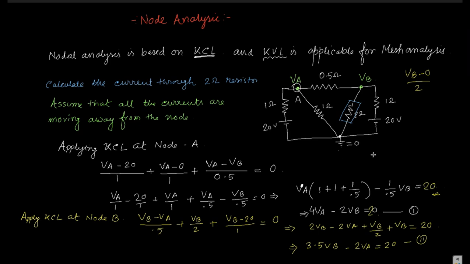So VB becomes 12. So what is the current? I through 2 ohm is nothing but VB minus 0 by 2. The resistance is 2, na? This is a 2 ohm. That is 12 by 2, 6 ampere is the current flowing through this circuit.